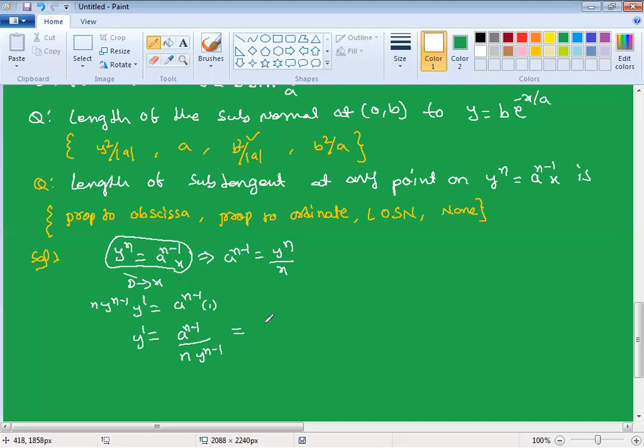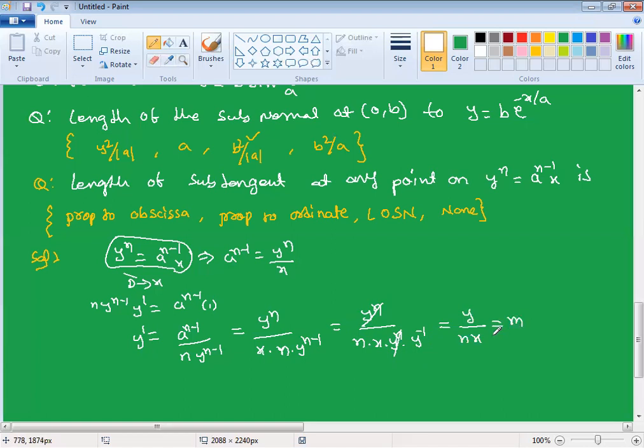Y power n by x into n into y power n minus 1, which is y power n by n into x into y power n into y power minus 1. So here y power n cancels. This y power minus 1 we can take in the numerator, you will get y by n x.